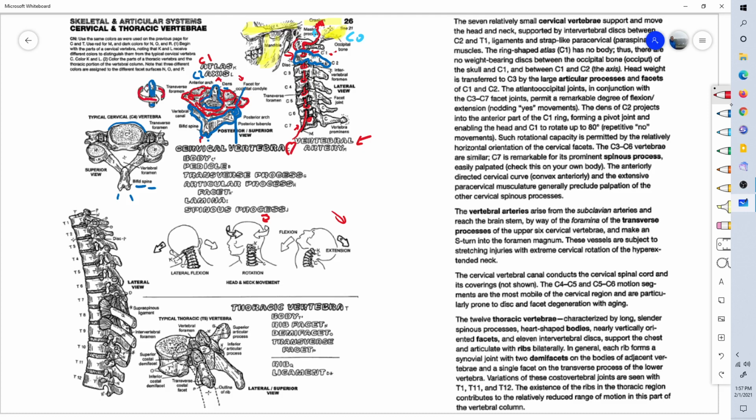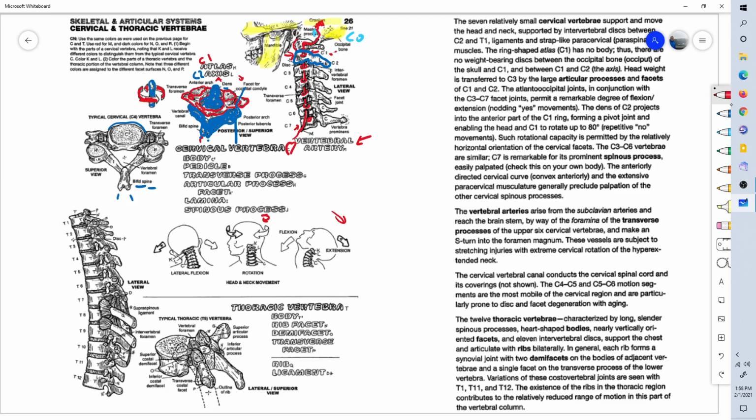I'm sorry, C2 is also known as the axis. The axis. So notice how the axis has this big process coming up here called the dens, and how the C1 vertebra, here's the body of C2, and notice how C1 wraps around and forms a circle around C2.